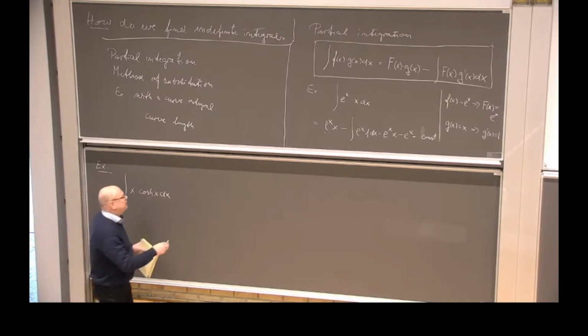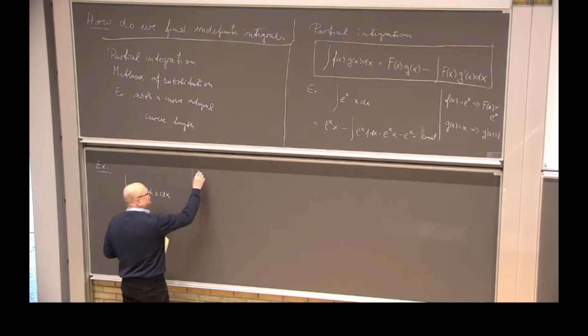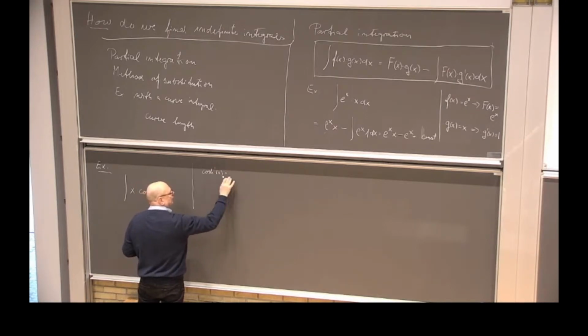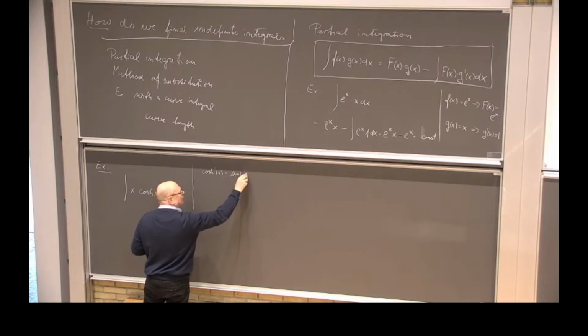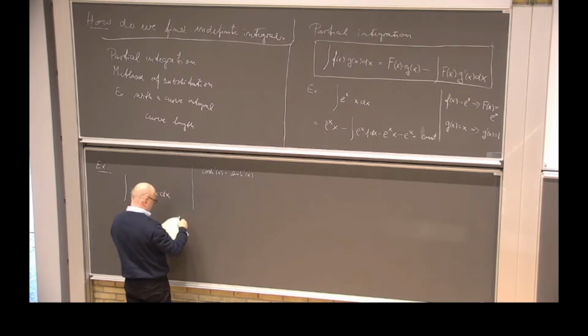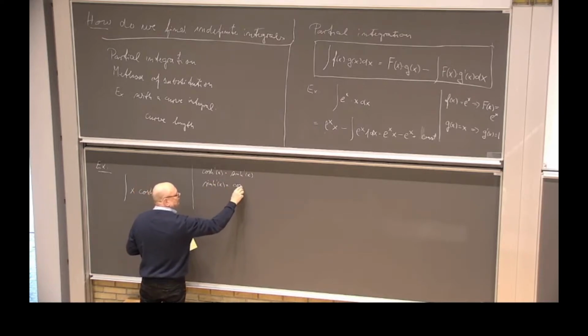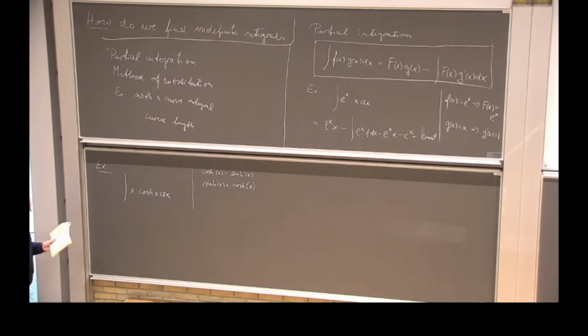So let me repeat this. The derivative of cosine hyperbolic of x is sine hyperbolic of x, and also the derivative of sine hyperbolic of x is cosine hyperbolic of x.